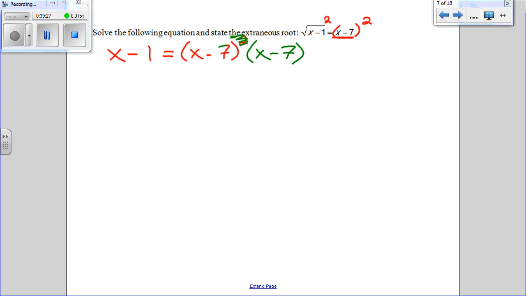When you do the multiplication of this thing, you should get x minus 1 equals x squared minus 14x plus 40. So you need to area diagram those two binomials together. That makes isolating for x even harder. The reason it makes it harder is because you have an x squared term here.